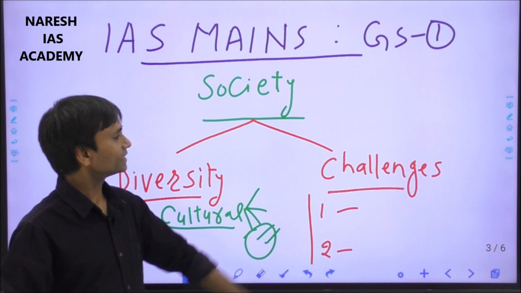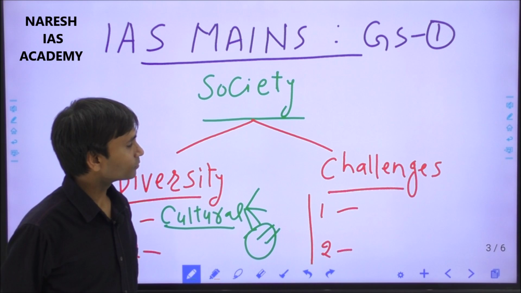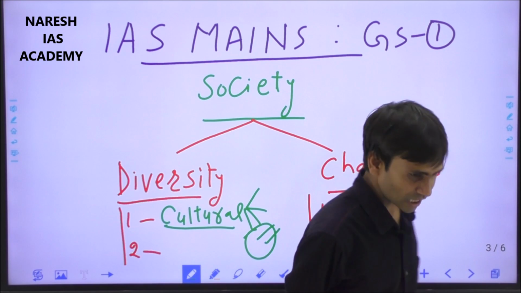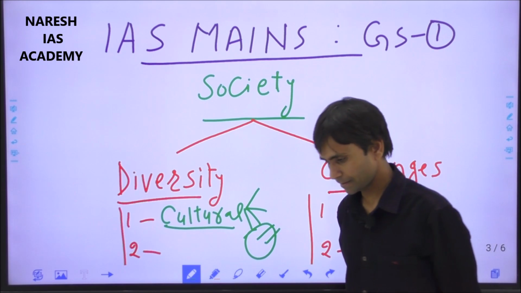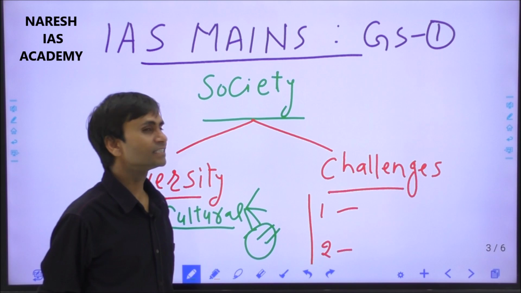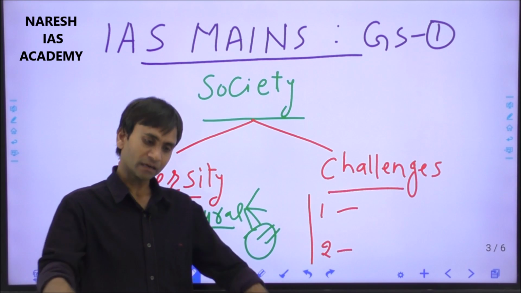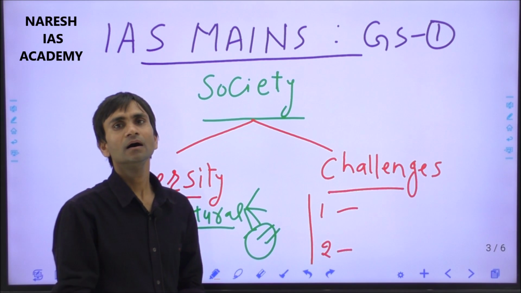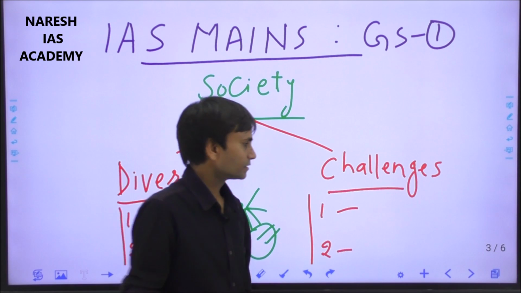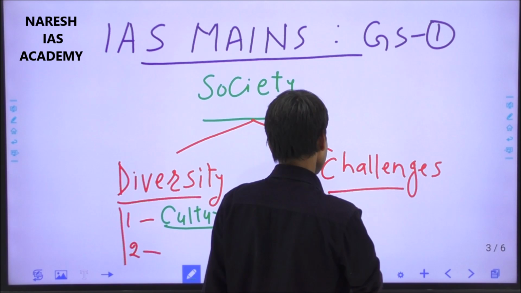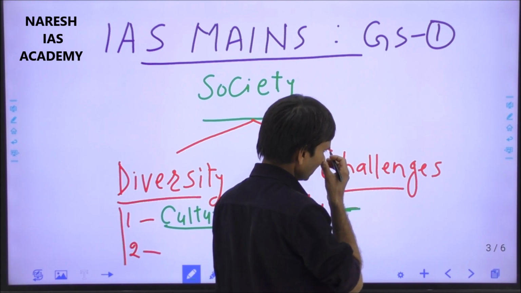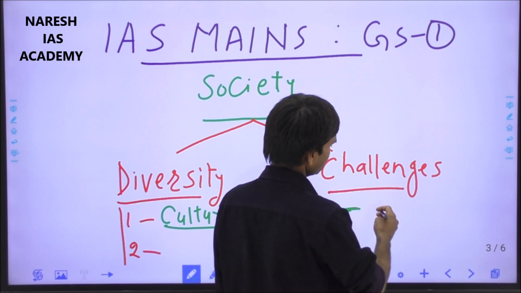The next part is what kind of challenges Indian society and its diversity are now realizing, and these challenges come either from the internal side or from the external. You know, India is now interacting with global cultures.